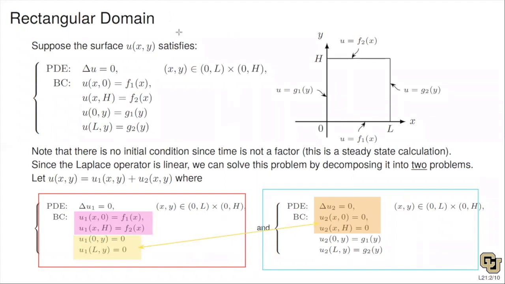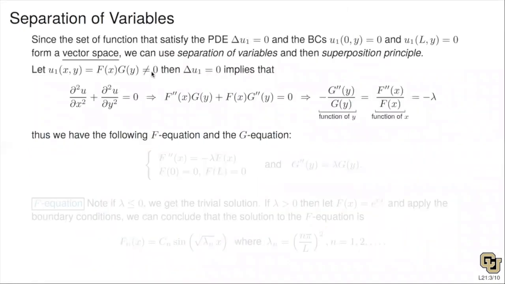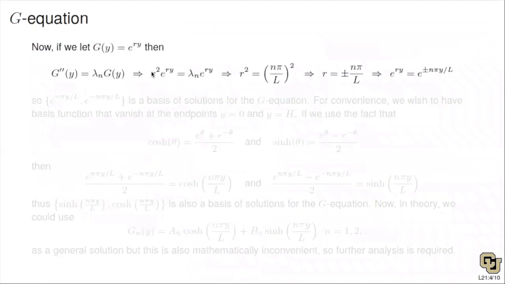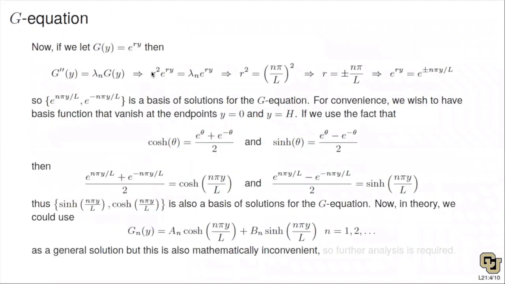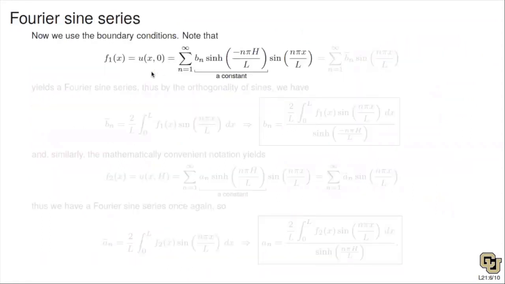And here, we've sort of flip-flopped the role of the x and y variables. Here's where you have the non-trivial ones. So here, let's do separation of variables again for the U2 problem.